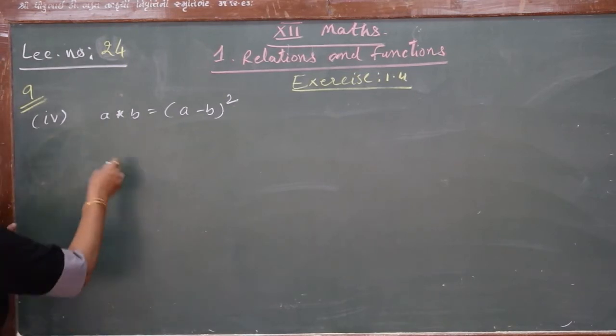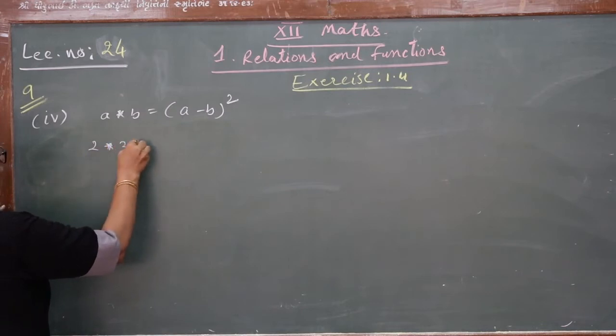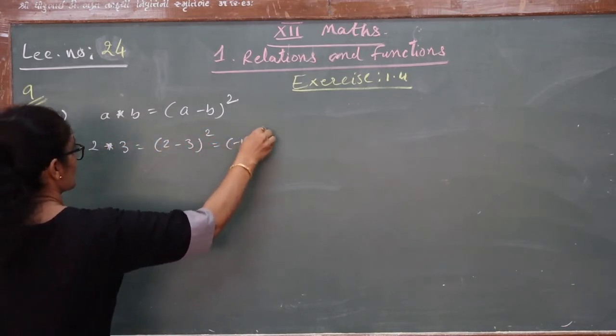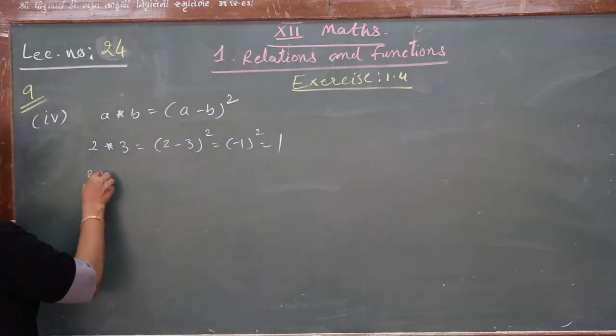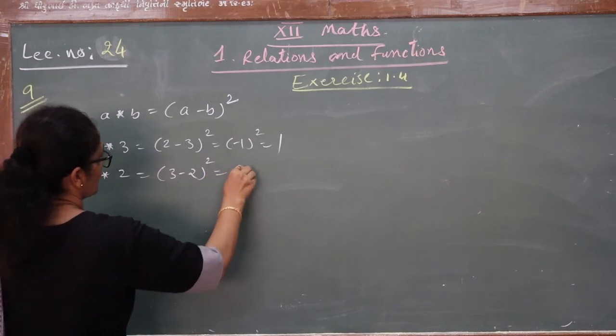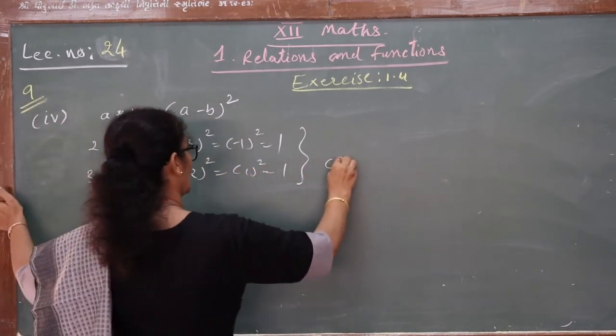Check it. What is it? We are taking 2 and 3. So 2 minus 3 means minus 1, square equal to 1, and 3 and 2. So 3 minus 2, 1 square is 1. That means you can say it is commutative.